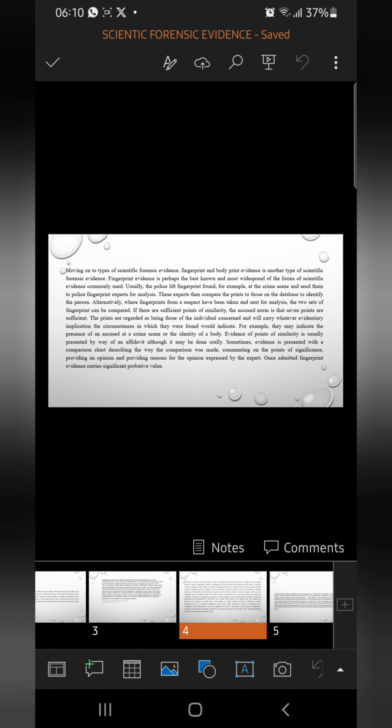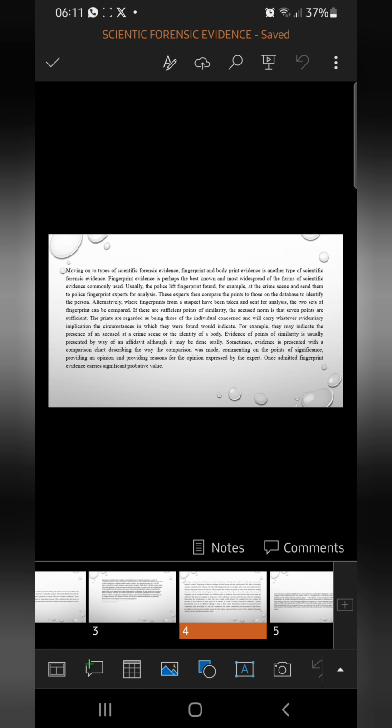The prints are regarded as being those of the individual concerned and will carry whatever evidentiary implication the circumstances in which they were found would indicate. For example, they may indicate the presence of an accused at a crime scene or the identity of a body.